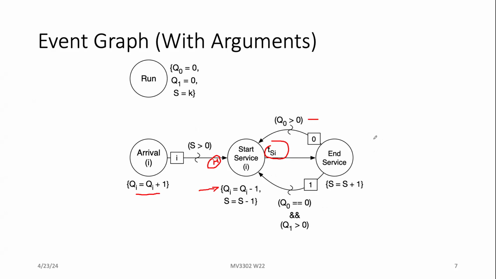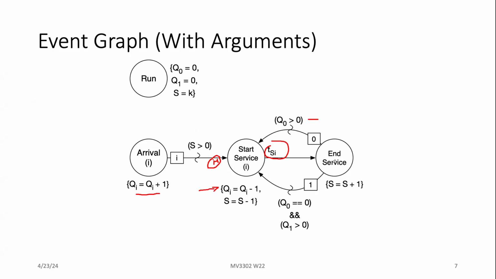And you may be tempted to say, why don't we just pass I to this end service event so that it knows which one? So when I start service here, I know which one I'm doing. Why can't I just pass that to the end service? Well, I can, but will it help? It won't help.